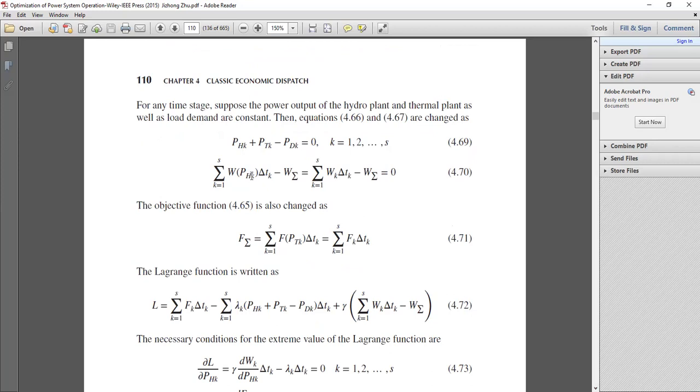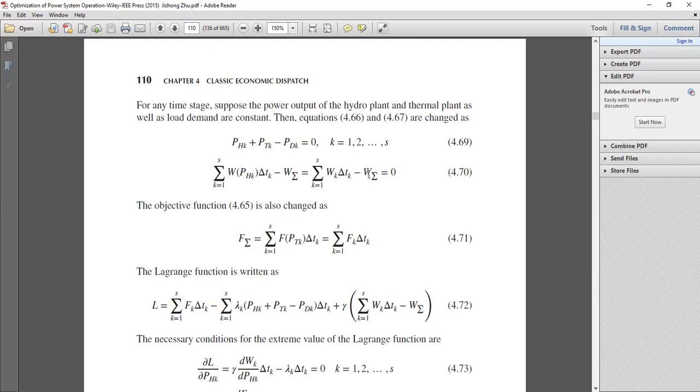So pH is not written as a function of time, rather it is for some specific time instant k. Okay, w at pH k multiplied by del tk, minus the total water available, w sum, equals to 0. Here w at pH k is simply denoted by wk.